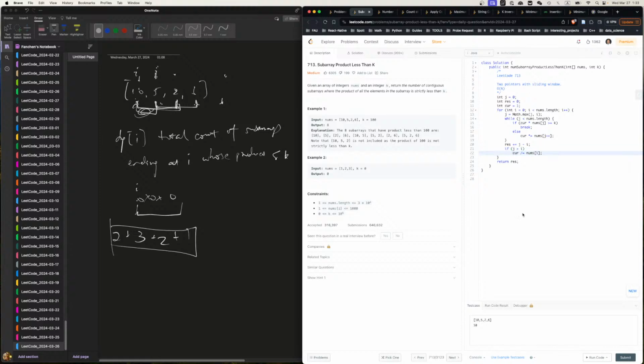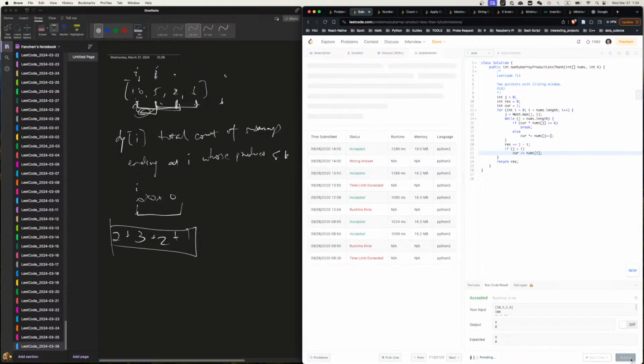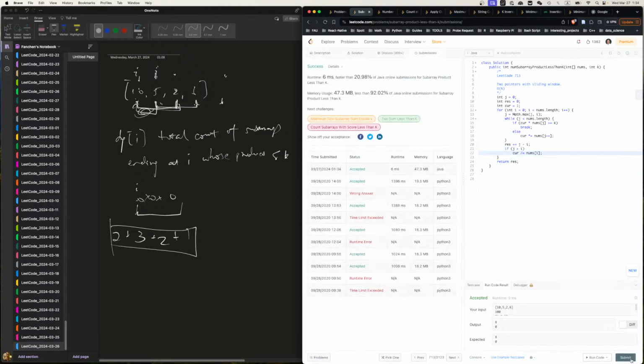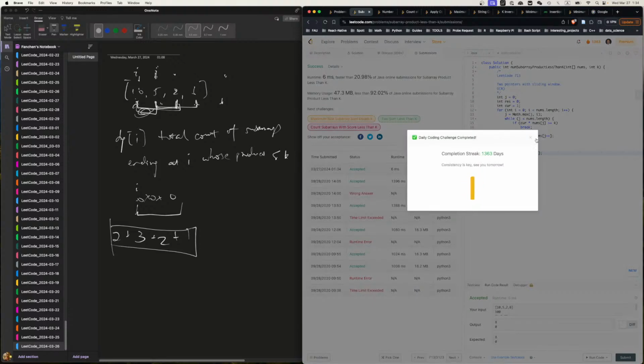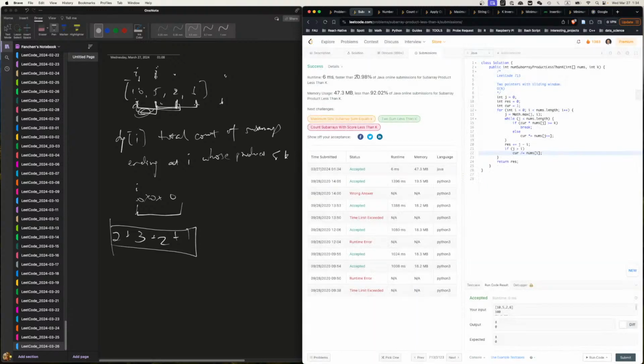If J is not larger than I, then we cannot remove. All right, now I'm gonna go. I have to go through a few test cases to make this right.